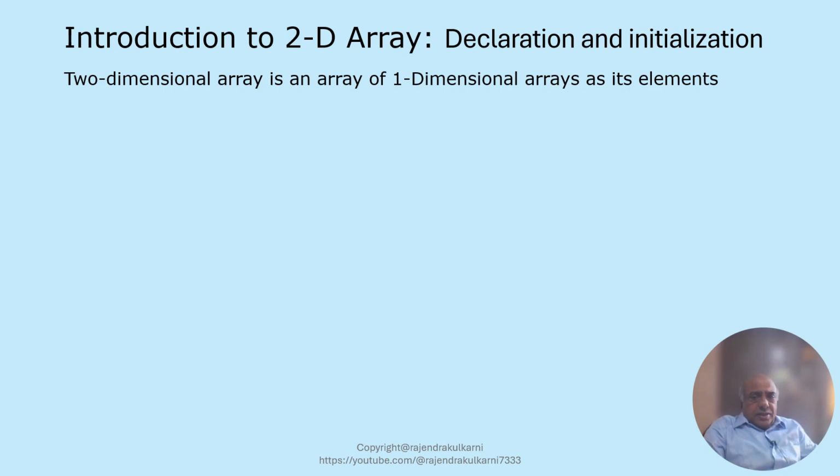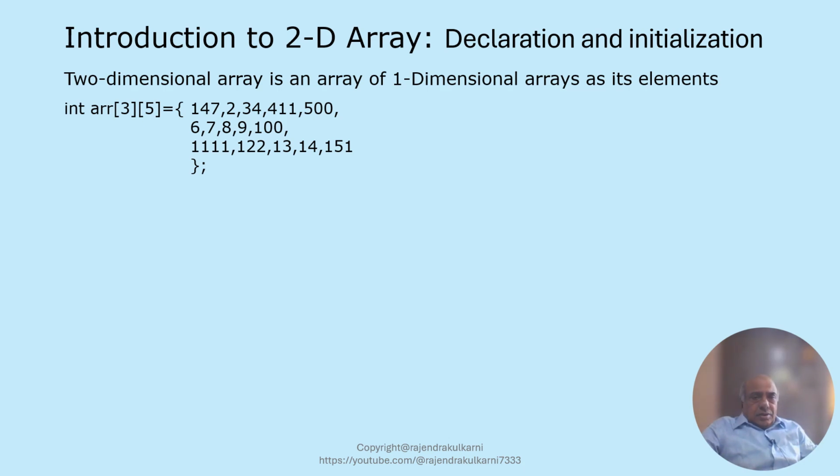A two-dimensional array is an array of one-dimensional arrays as its elements. So a 2D array contains a number of 1D arrays as its elements. How is it declared and initialized?